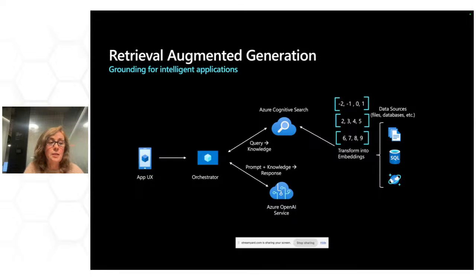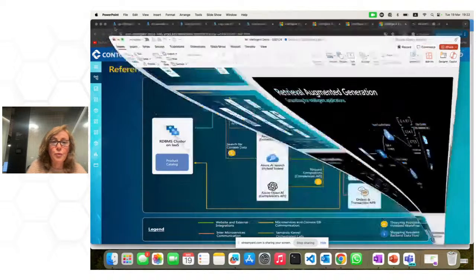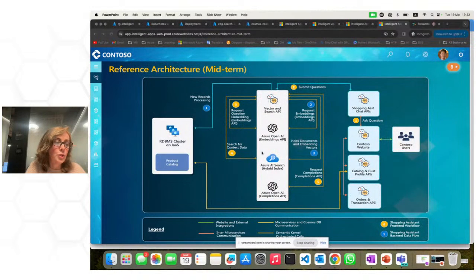In our case, it's OpenAI. And again, all this together is to make the user experience more personalized and address your specific needs. And sorry for jumping, but now I'm going back to the architecture.